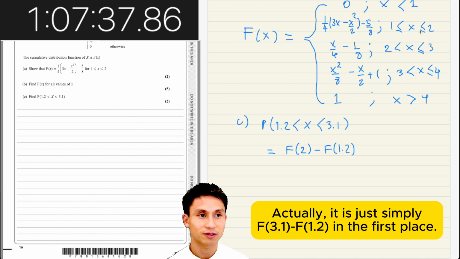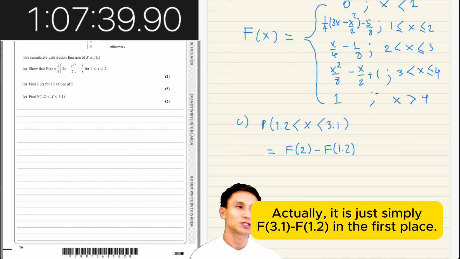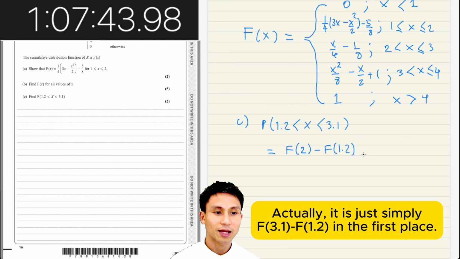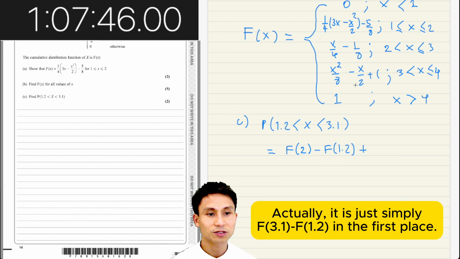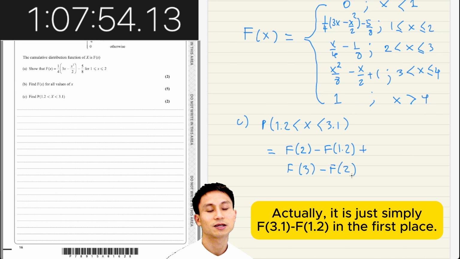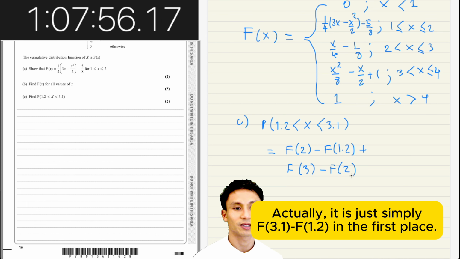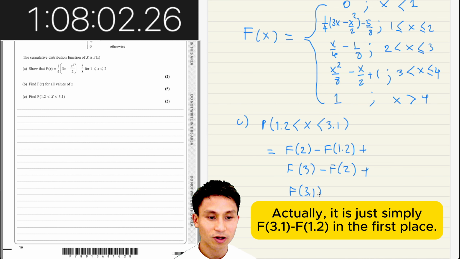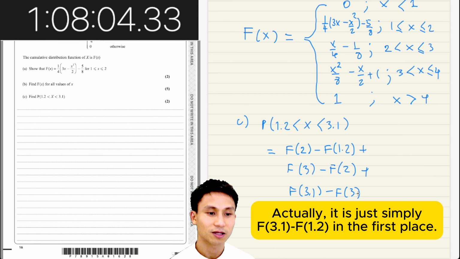That's the first part, because we can't jump to the next one because it's not continuous, right? And then we're going to add the next part, which would be 2 to 3. So that's entirely the whole range there, so we can do f(3) minus f(2) for that. And then the other part is from 3 to 3.1. So we got to do that. Okay?